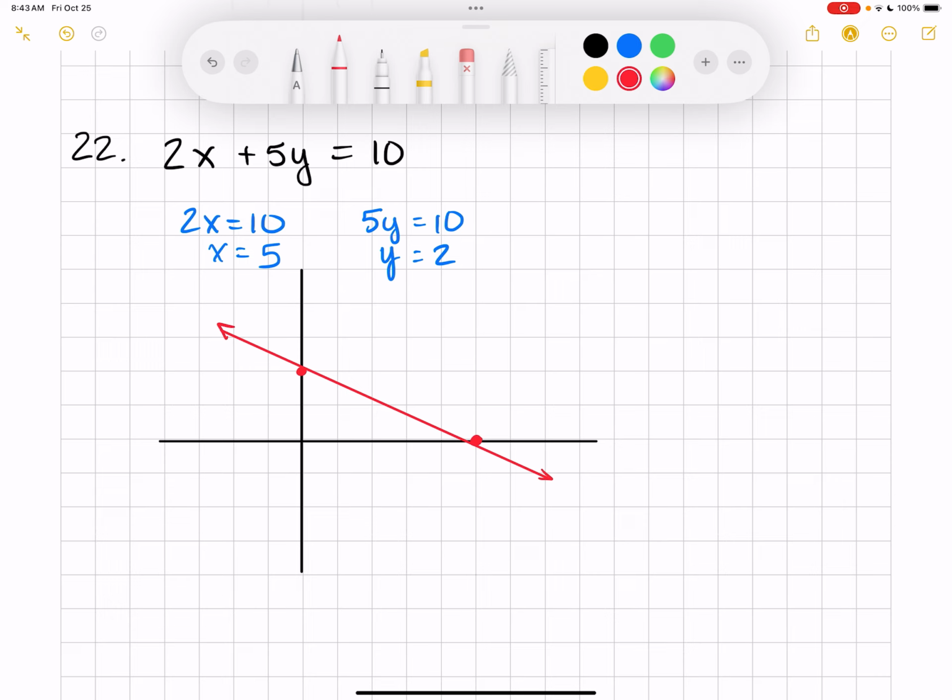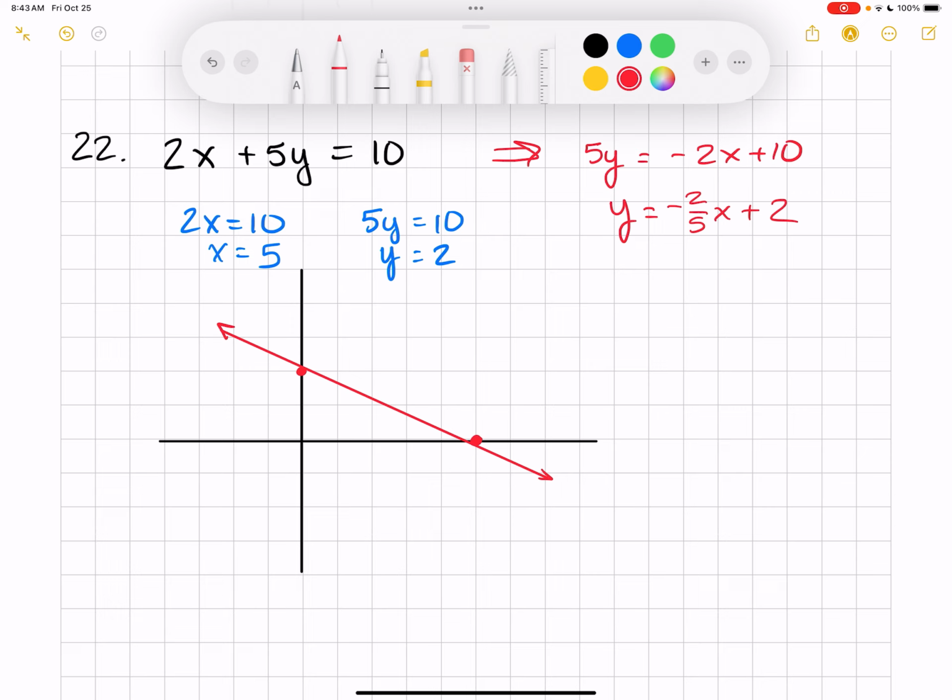If we were going to solve it the other way, I would get 5y equals negative 2x plus 10, divide by 5, so y equals negative 2/5 x plus 2. I would get the exact same graph, because this slope tells me to go down 2 and right 5, and that's exactly what ended up happening by just plotting the intercepts. So you can use either method that you prefer.